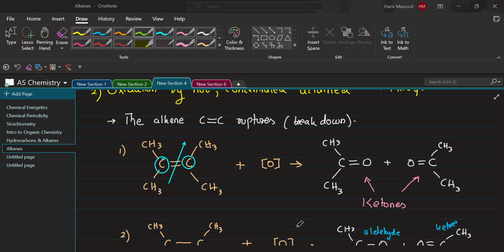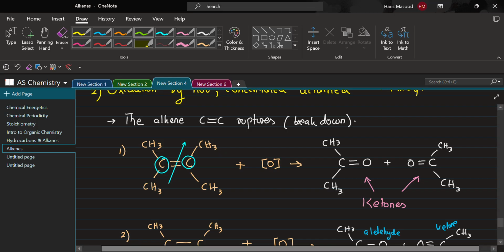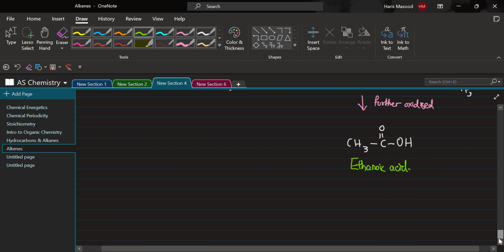Okay, what happens now? Another scenario, the third and last scenario, is if there were two hydrogens on one carbon, now what will happen?